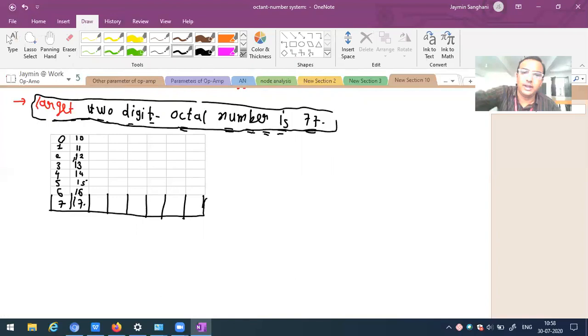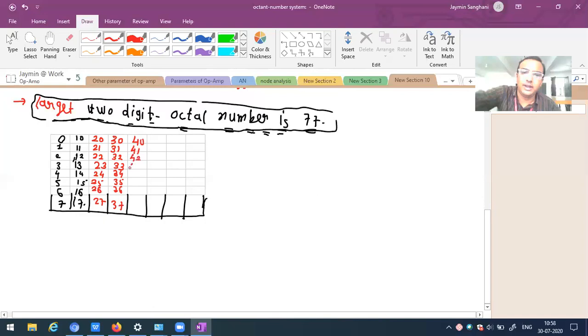Next 20, 21, 22, 24, 25, 26, 27, 30, 31, 32, 33, 34, 35, 36, 37, 40, 41, 42, 43, 44, 45, 46, 47, 50, 51, 52, 53, 54, 55, 56, 57.